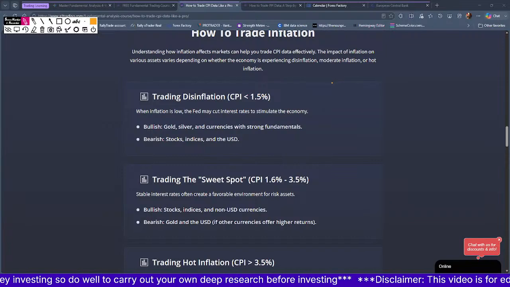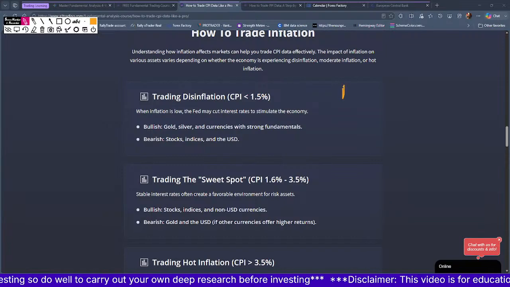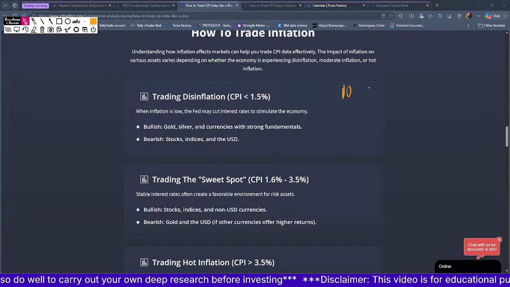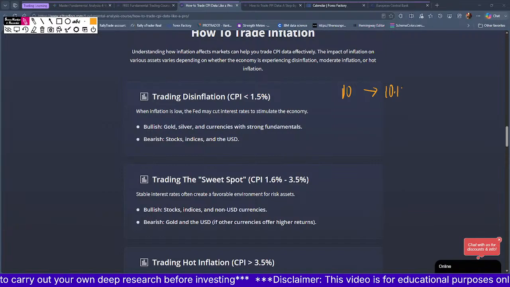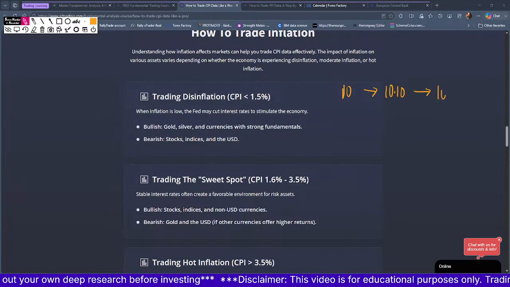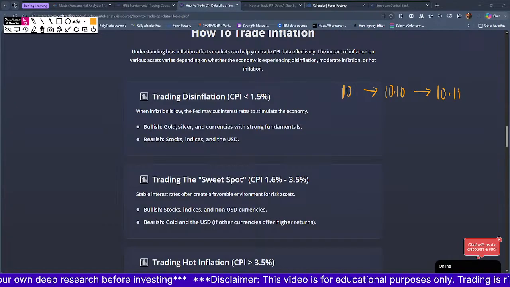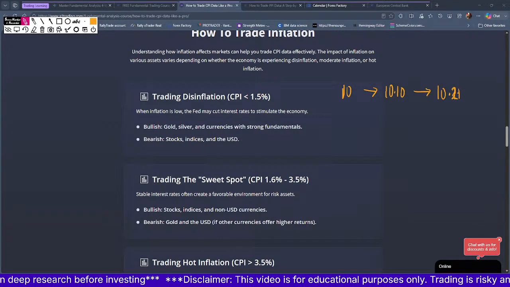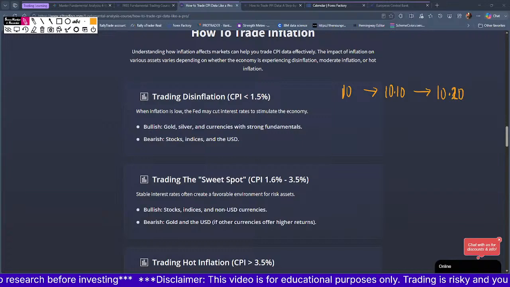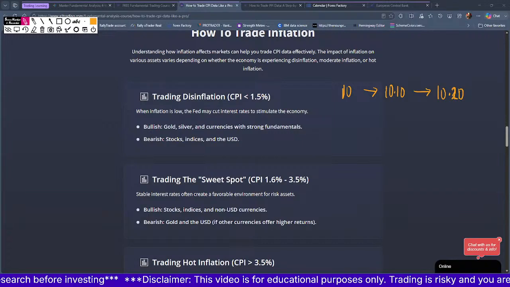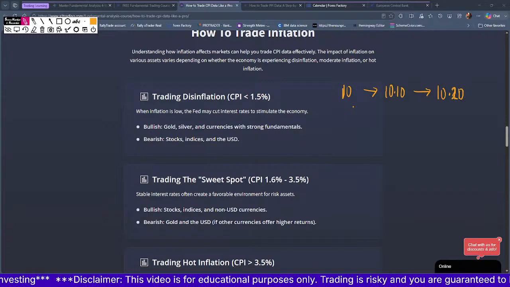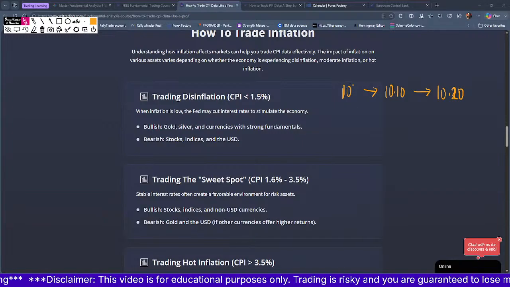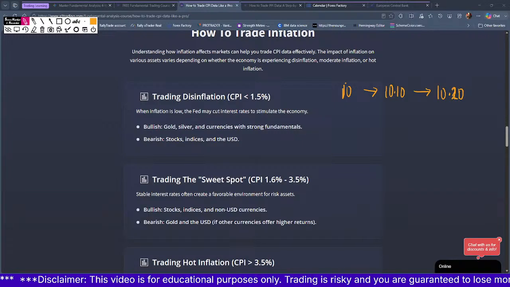Let's say an item costs 10 bucks, and it only moves to 10 bucks and 10 cents at the end of the year, and the next year it moves up to 10 bucks and 20 cents, just like that. So it's moving up slowly every year. If you had money in your hand, would you want to put your money in a business that's going to be giving you 10 bucks at the end of the year?